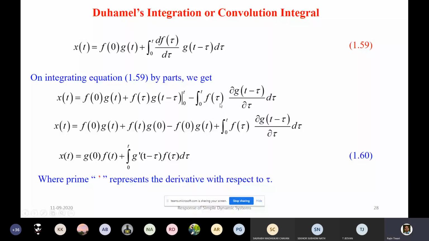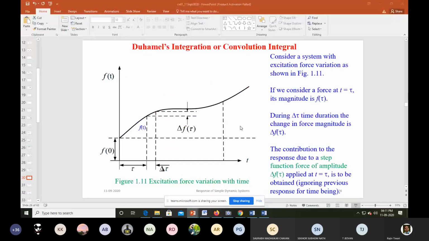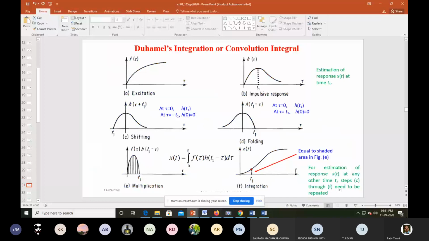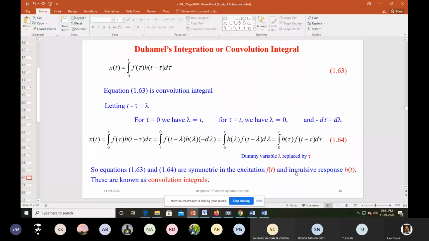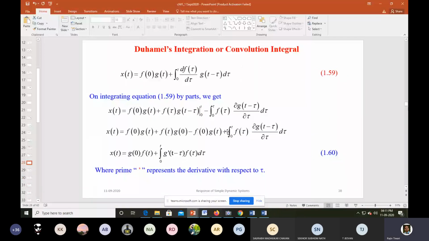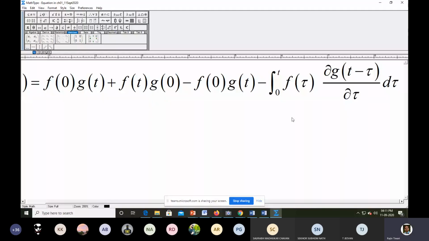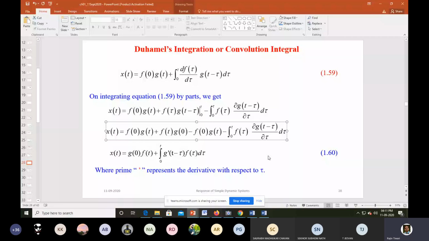Here the signs should be positive, negative, positive. This should be negative, so that when we differentiate with respect to negative tau, it becomes positive.